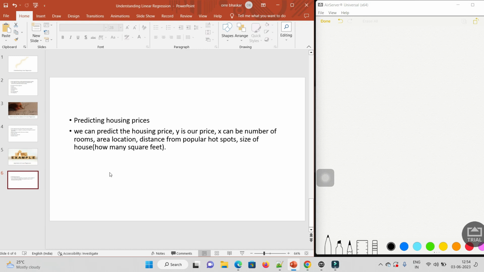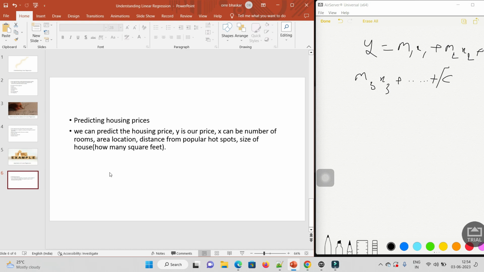So we have our independent variables and our dependent variable: y equals m1 x1 plus m2 x2 plus m3 x3 plus some other variables plus a constant or intercept.